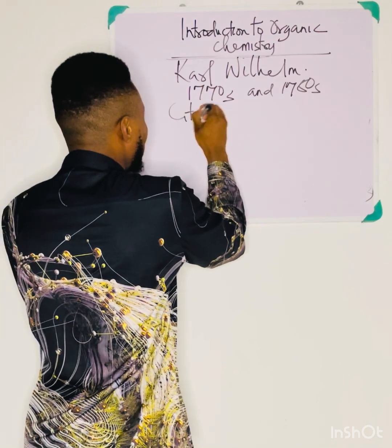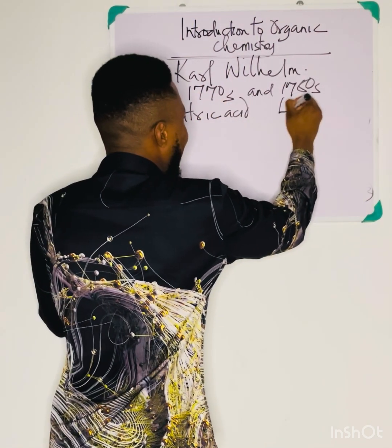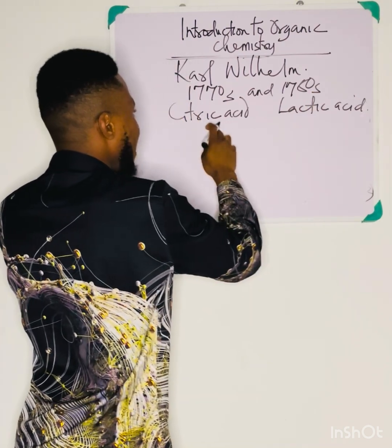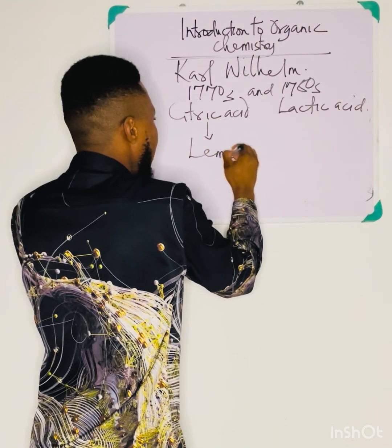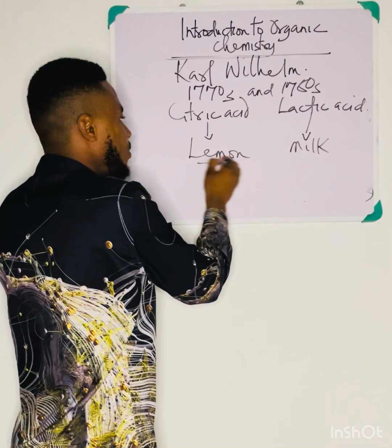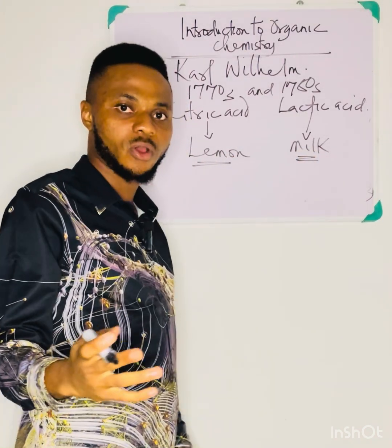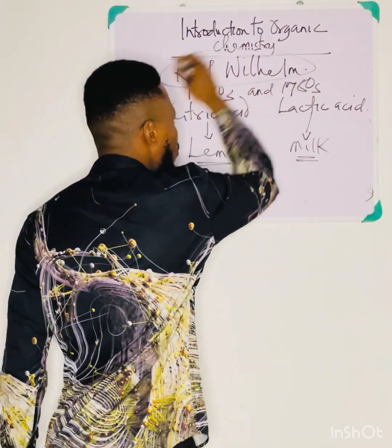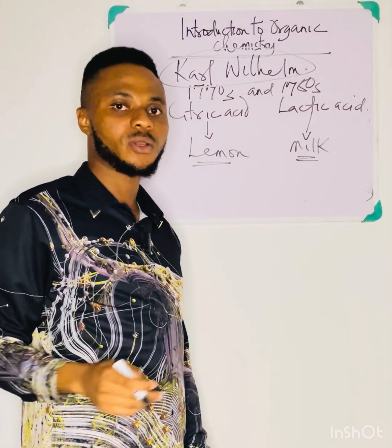The first one was citric acid in the 1770s and lactic acid in the 1780s. All right, so he isolated citric acid from lemon and lactic acid from milk. As you know, lemon is a fruit, of course a plant. Milk is gotten from animals. So it's important for us to understand that this scientist was one of the oldest scientists that led to the discovery of organic compounds.